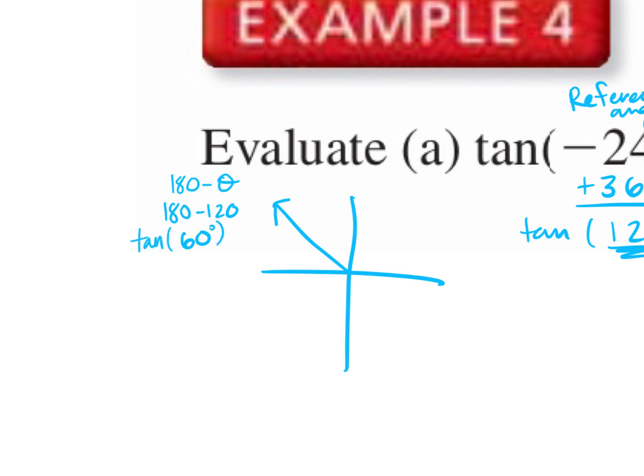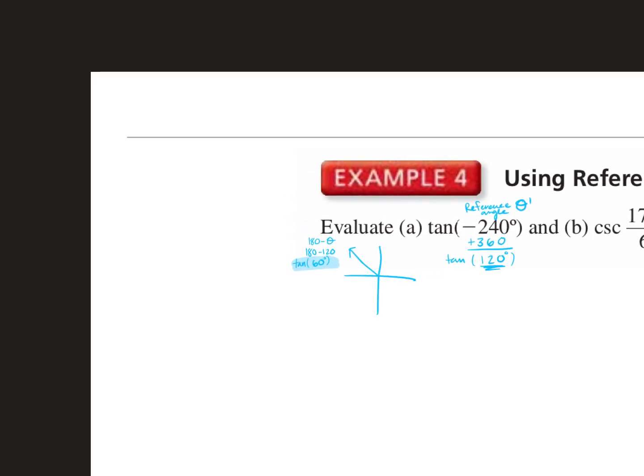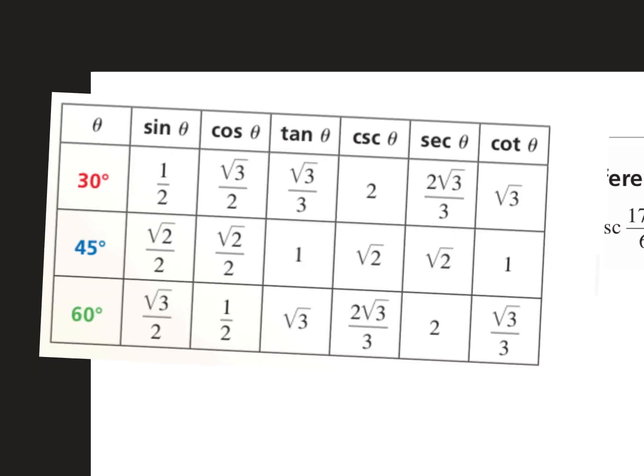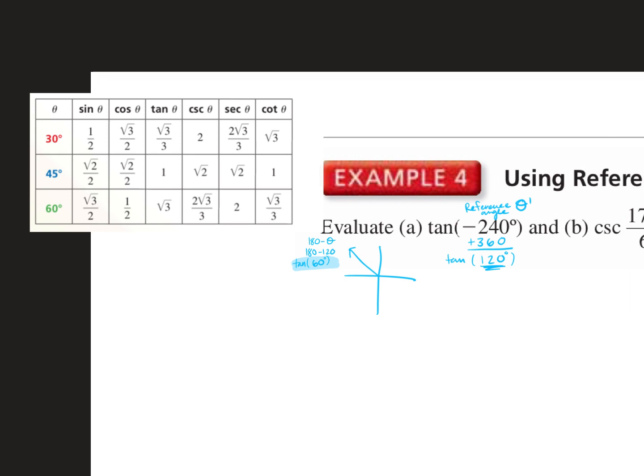Now to find the tangent of 60, we're going to go back to that chart that we kind of skipped in section 9.1. So I'm going to put it in the notes here, and you can screenshot it. So we're going to go back to this chart. So this is in 9.1 with our special right triangles. So all of these are going to be special angles.